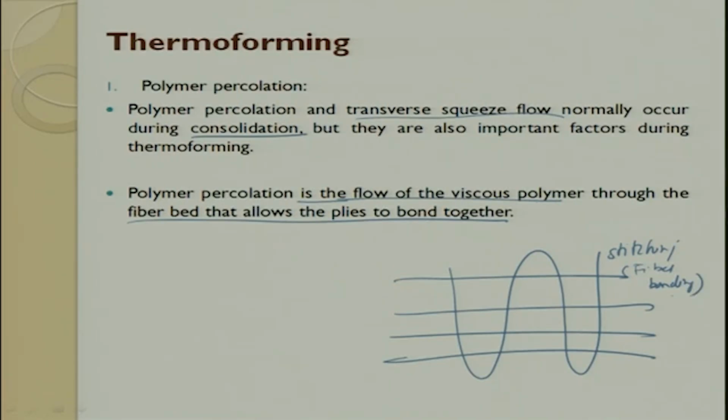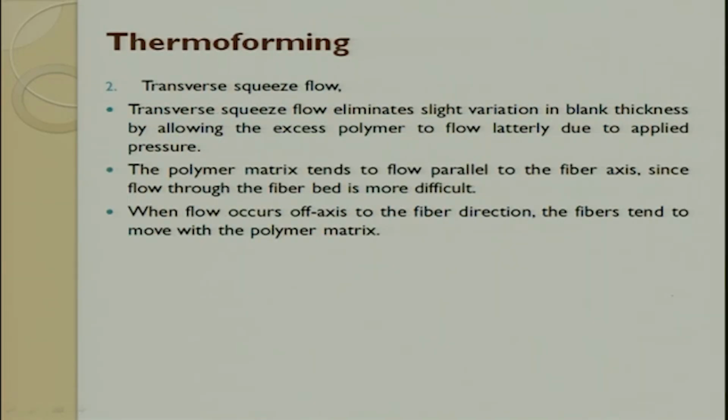Is it clear? So, what is transverse squeeze flow? In transverse squeeze flow, the flow eliminates slight variations in blank thickness by allowing the excess polymer to flow laterally due to rapid pressure. That means to say, I have a box and I apply pressure.